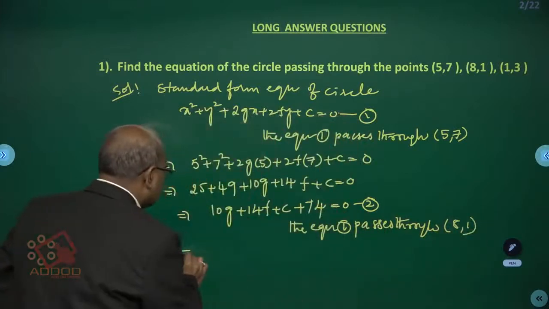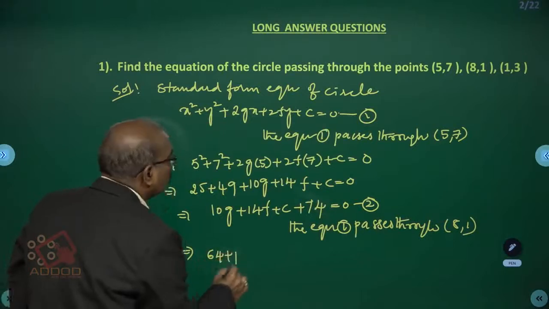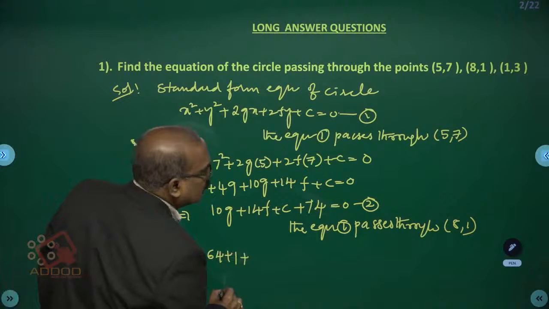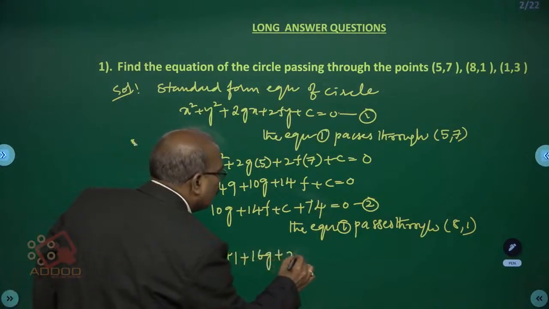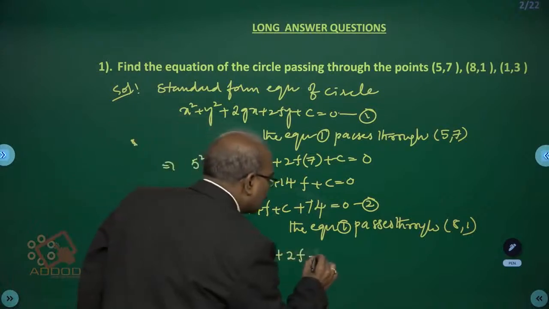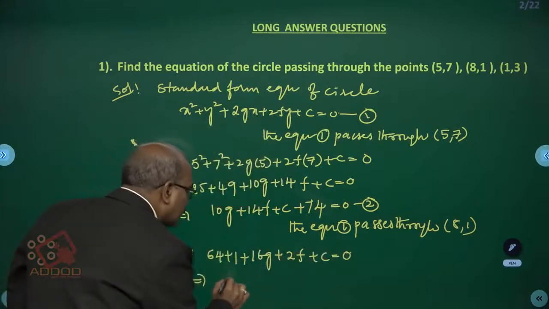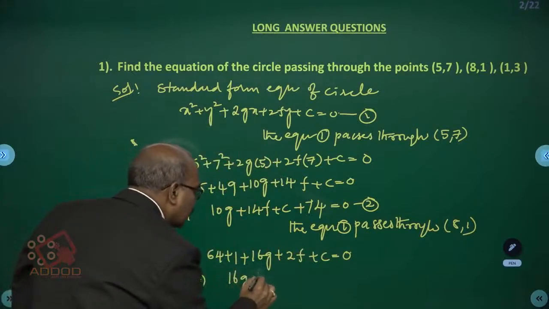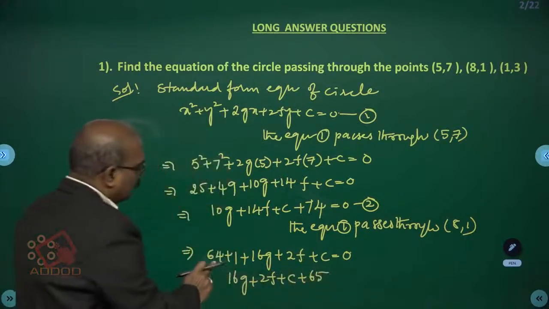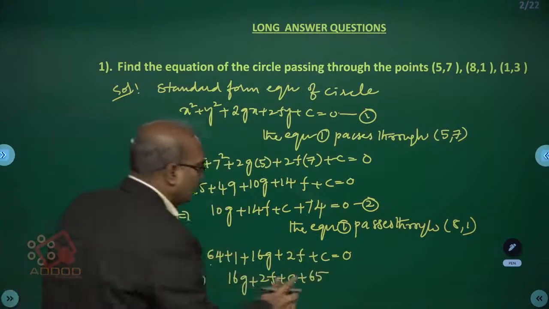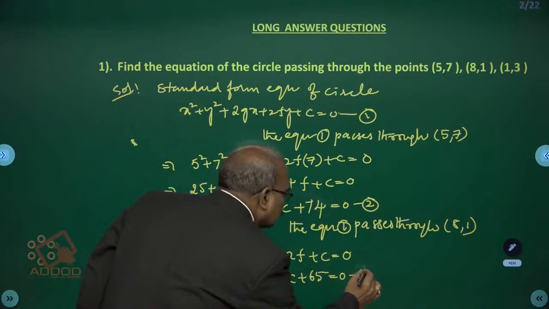So that is 64 plus 1 plus 16g plus 2f plus c is equal to 0. That is 16g plus 2f plus c plus 65, since 64 plus 1 is 65, is equal to 0, equation 3.